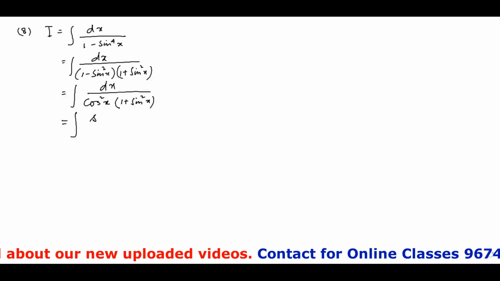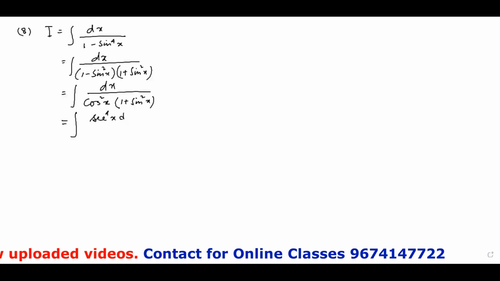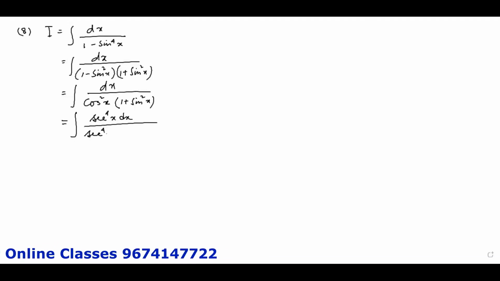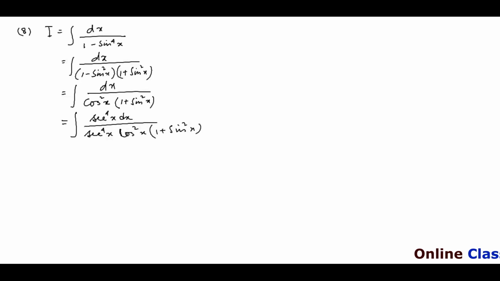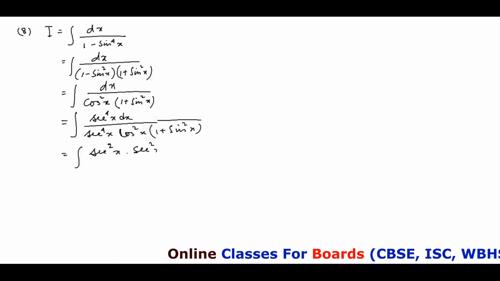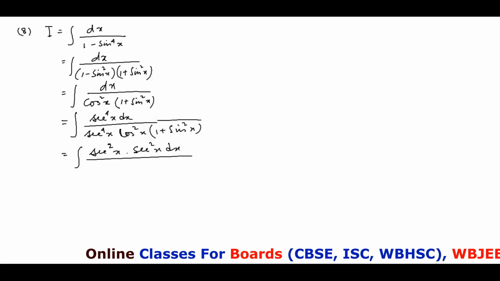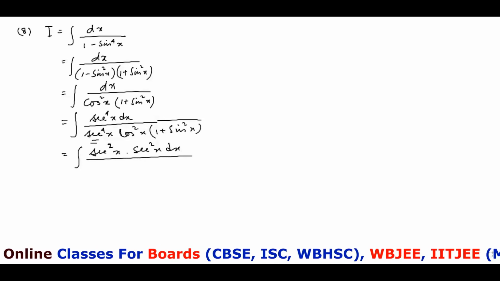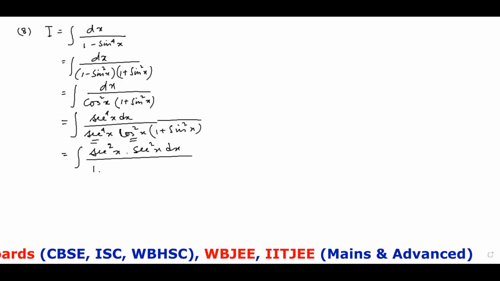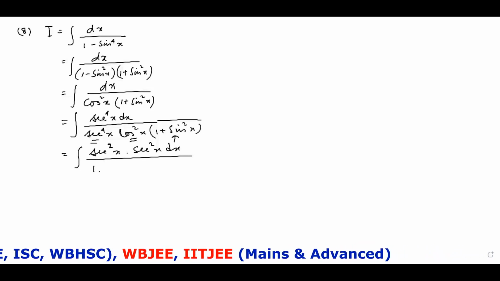So we have, sec to the power 4x can be written as sec square x into sec square x. And for the denominator, sec to the power 4x, you take sec square x with this cos square x, which will give you 1, and take 1 sec square x inside this bracket.